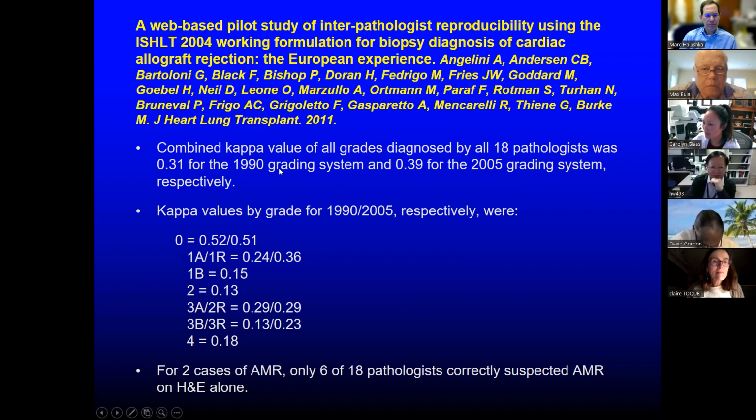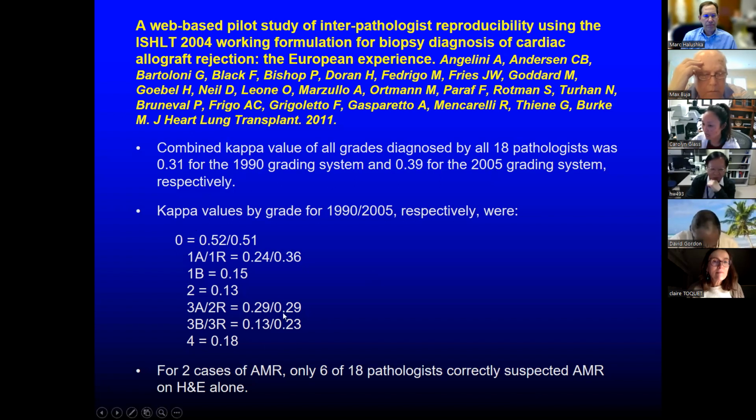That was when they looked at the 1990 grading system, and it was 0.39 when they switched over to the 2005 grade. I'm not going to go too deeply into percentages or statistics, but a kappa value is different from a percentage. A 0.5 does not mean half and half. In that sense, it would be really bad, but it takes into account other factors.